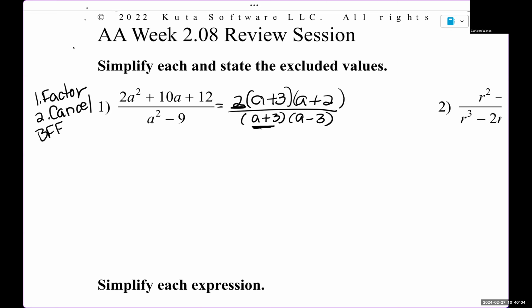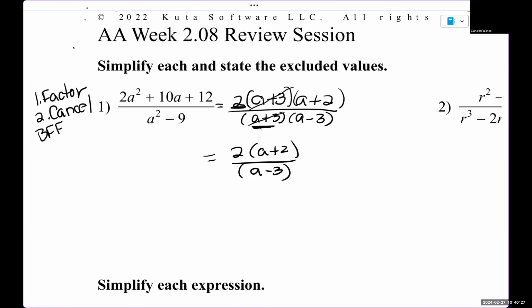So we cancel singles and BFFs. Okay, that word is cancel. So we cancel BFFs, one on the top, one on the bottom, and we get 2, A plus 2 over A minus 3.